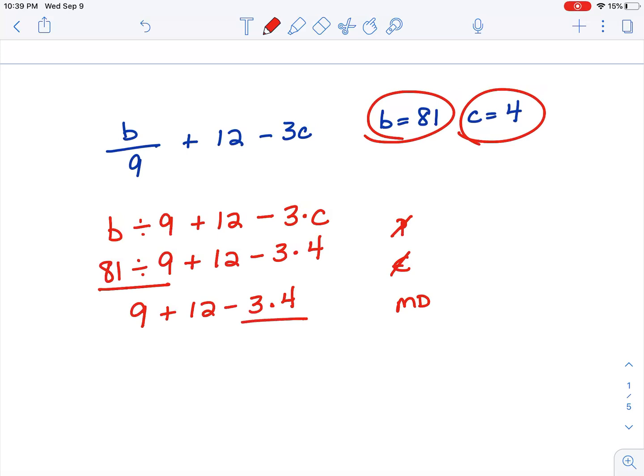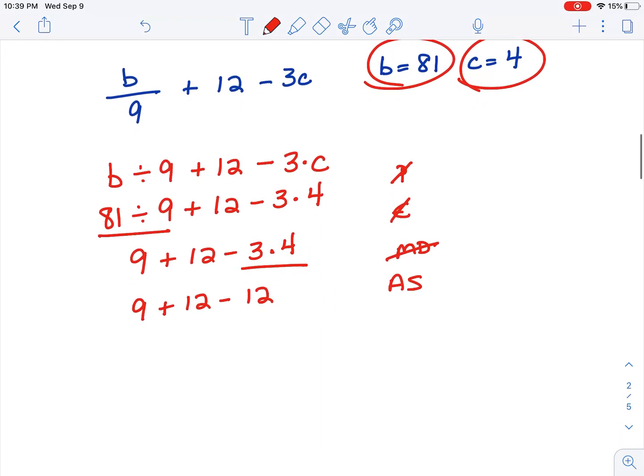I have multiplication right there. And then I'm done with multiplication and division. Then I have adding and subtracting. So I add and subtract from left to right. And so my answer is 9.